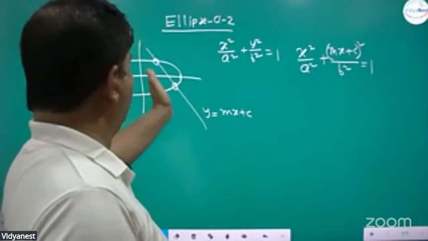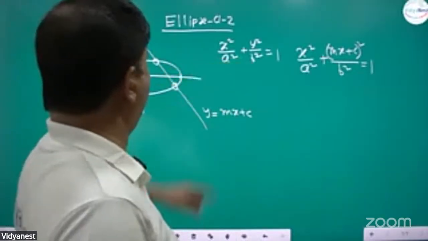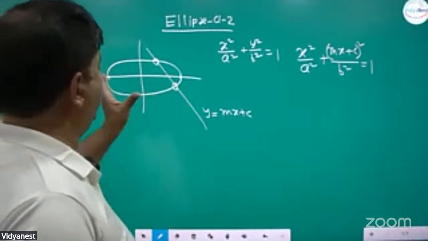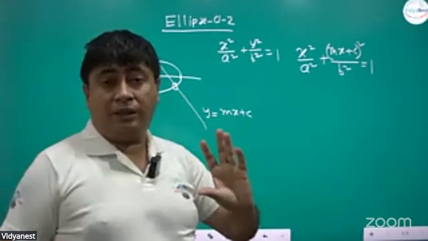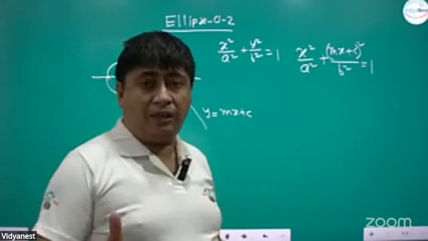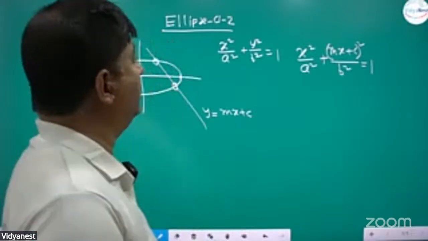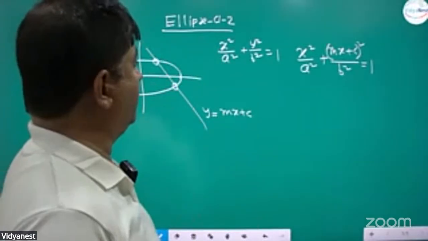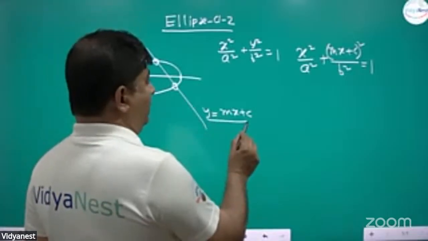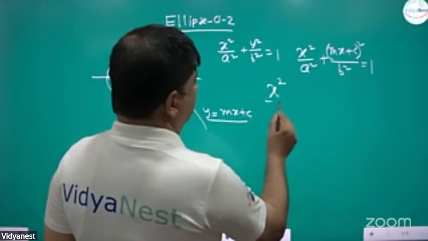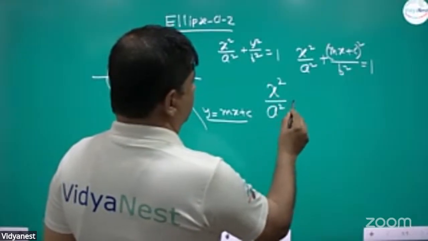Because once you get the quadratic equation, from there I can get the condition of tangency. That is important for JEE and board. See, how do they form a quadratic? That value of y is plugged and put here. Open it.